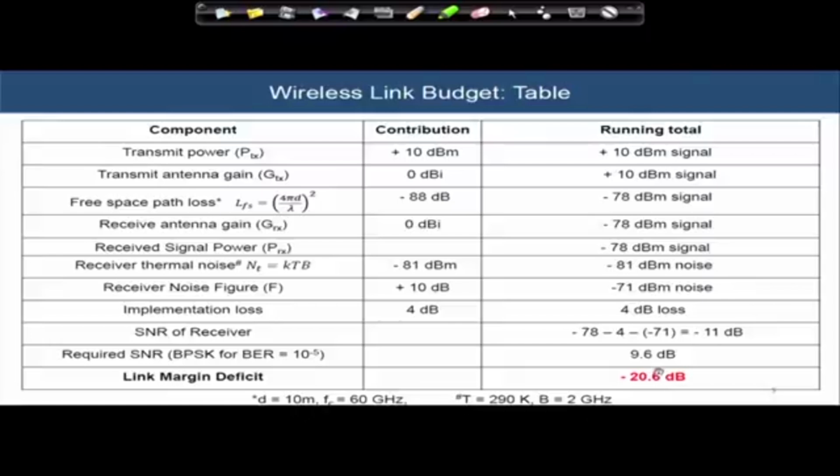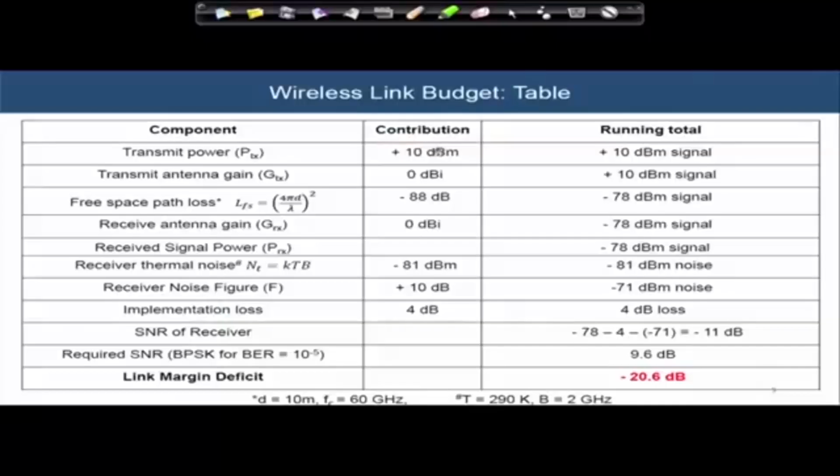So now the question is, how can we make the system work? Because what is happening now is we have a situation where we were given the requirements and we first chose the spectrum, or the region in the spectrum, where we are going to operate. However, this particular link budget gives us a deficit. So we have a couple of options now.